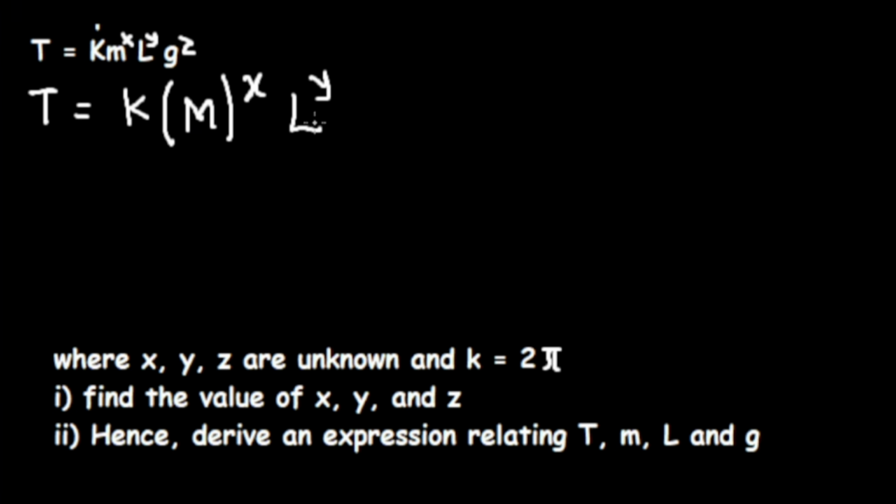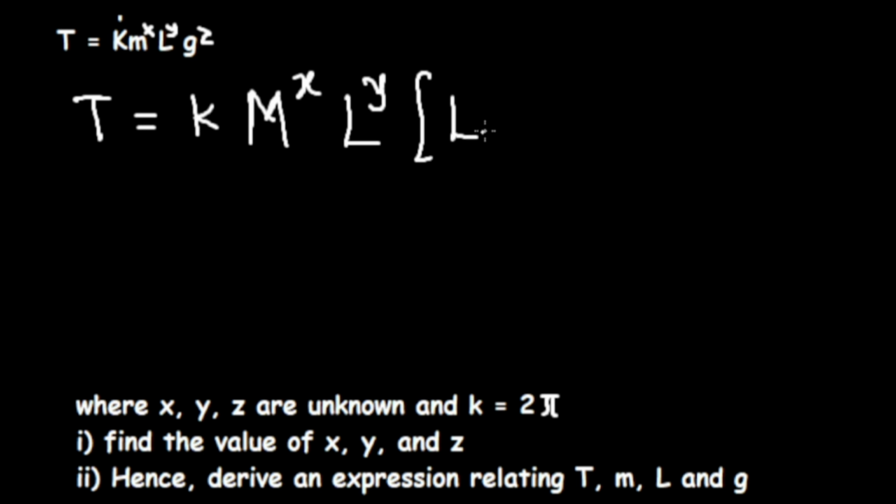Now the next one is g. What is g? g is the free fall, that is acceleration. So what is the dimension for acceleration? It is L per second squared, that is L T to the power minus 2. Do you get that? To the power of what?